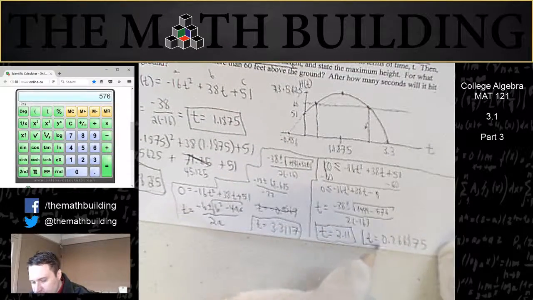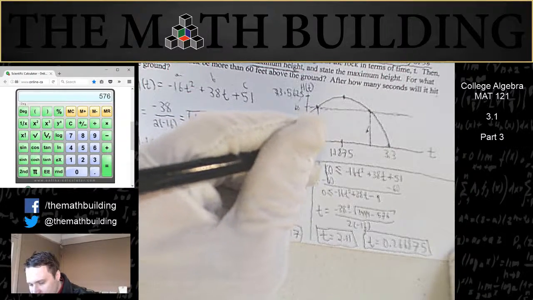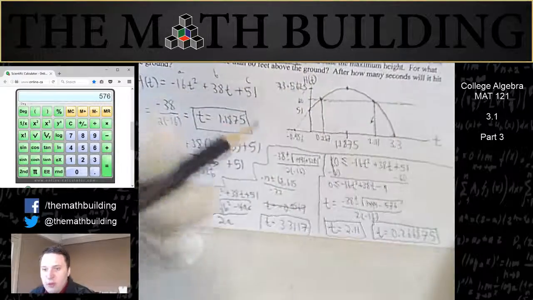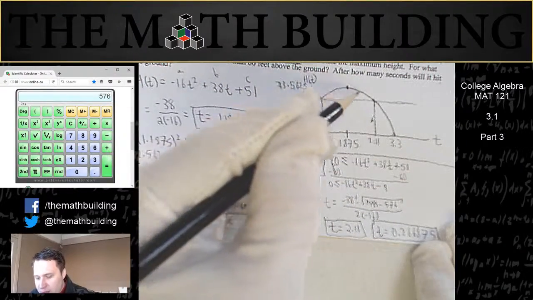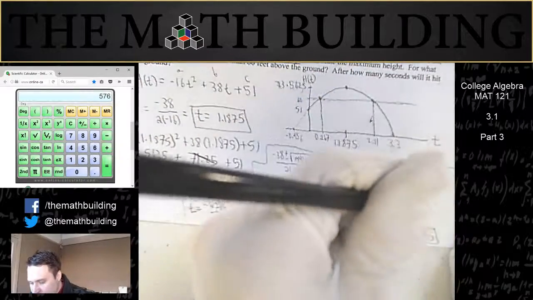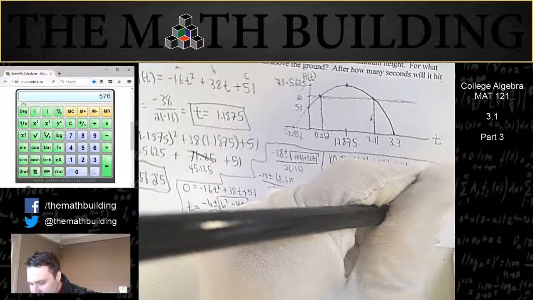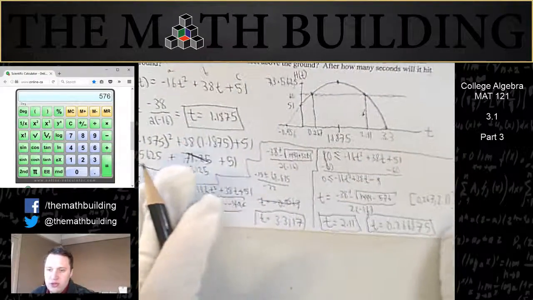But that's how you would do it. And so that's going to be this time right here, 0.267, and this time here is 2.11. So between that interval is when the rock is above 60 feet. And so you could write that in interval notation as 0.267, comma 2.11 in interval notation.